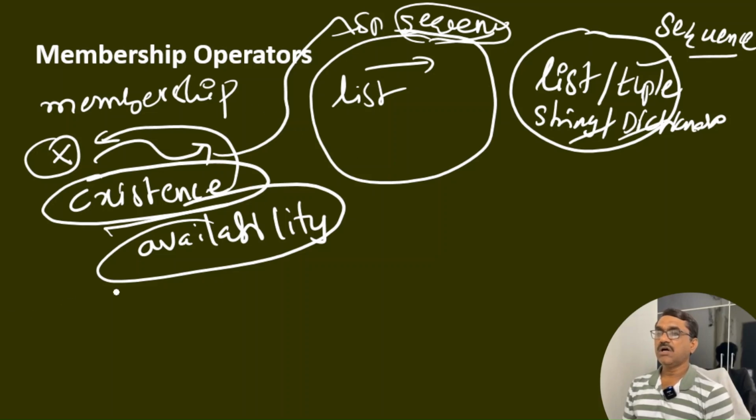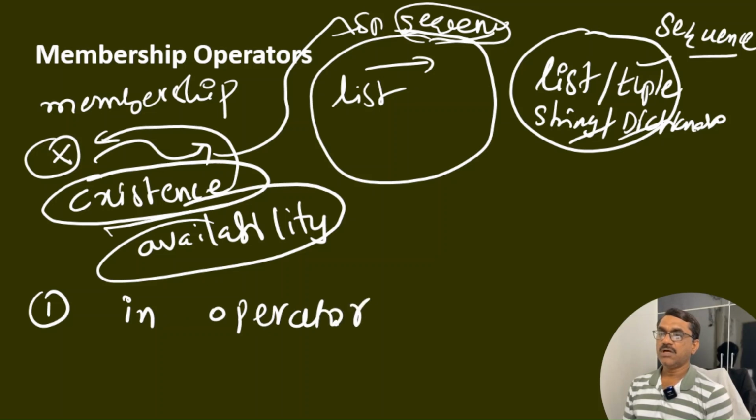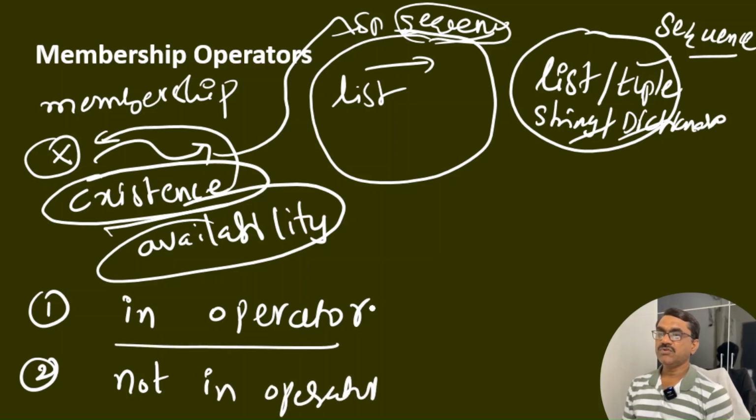Now, how many types of membership operators are there? The first one we are going to use is the in operator, and the second one is the not in operator. What is this in operator going to do?